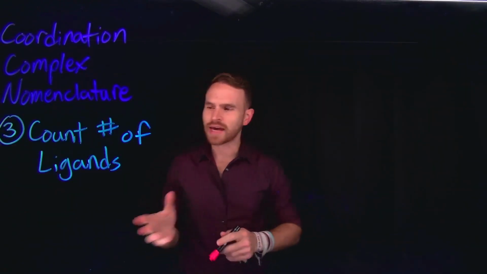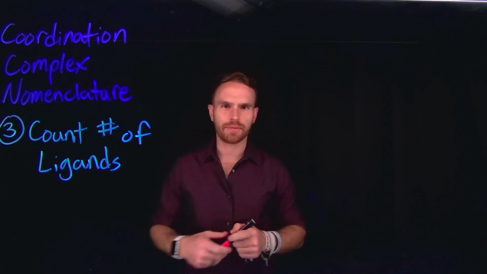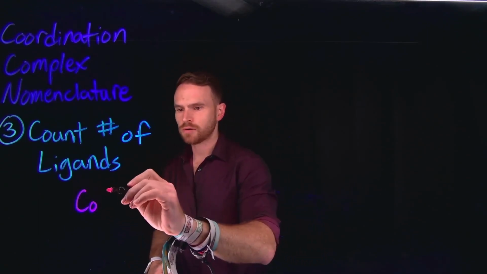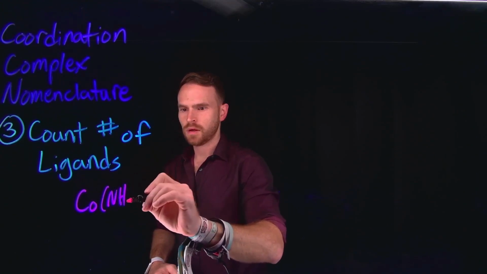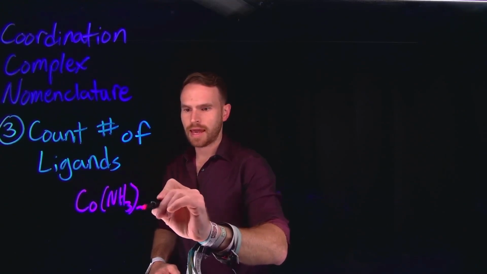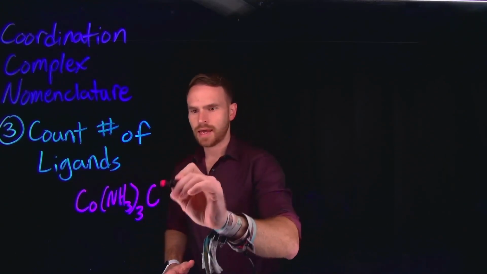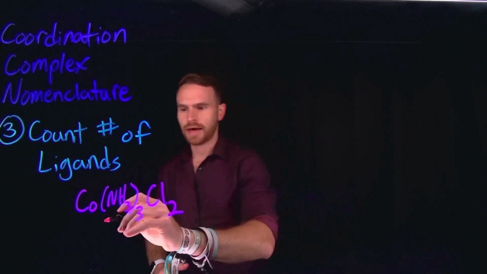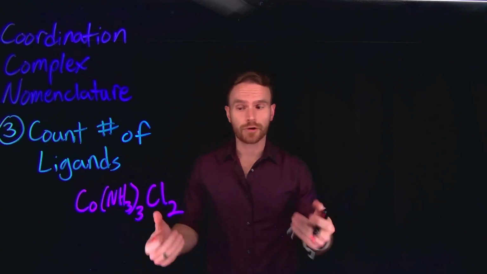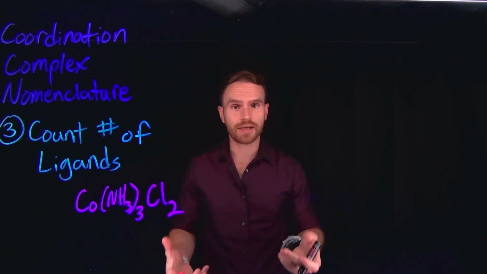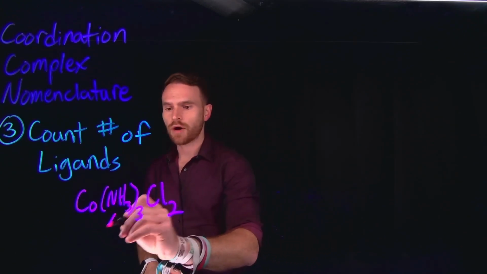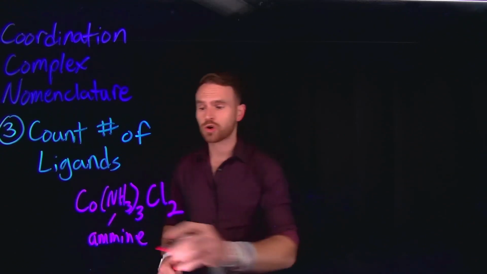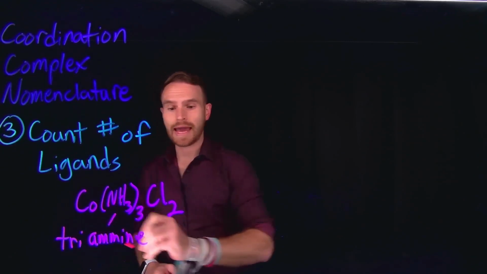The next step is to count the total number of each type of ligand. An example of this is, let's say we had cobalt with 3 amine ligands and 2 chloro ligands. I would say that these need to be assigned their Greek prefix to indicate how many of each type of ligand we have. So for amine, because there are 3, we call that triamine.